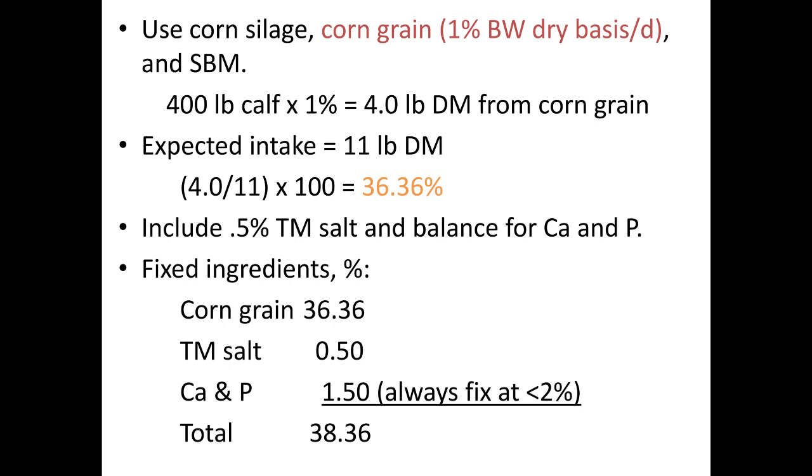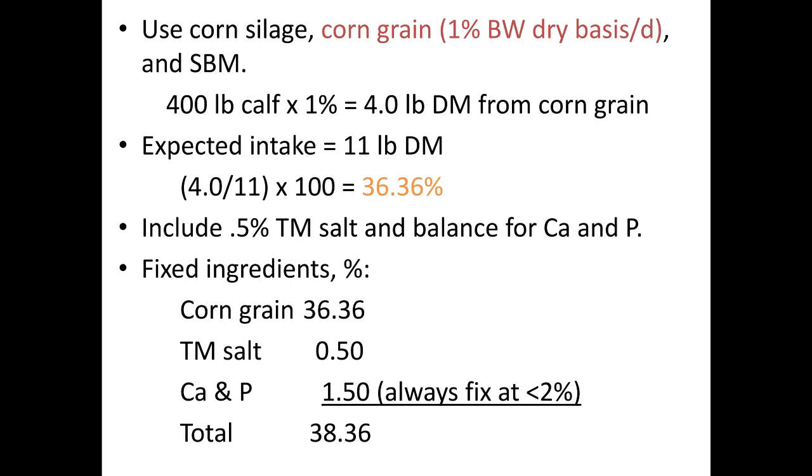We know that we have the limestone and the defluorinated phosphate available to use for balancing for calcium and phosphorus, but until we figure out how much corn silage and how much soybean meal we need in the diet, all of which contain calcium and phosphorus, we really won't know how much calcium and phosphorus are deficient in the diet, if they're deficient at all. So until we figure that out, we really don't know how much of the defluorinated phosphate and the limestone we'll need to use.